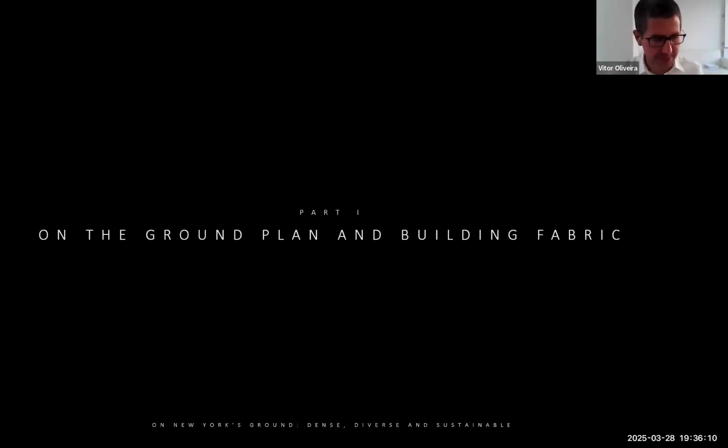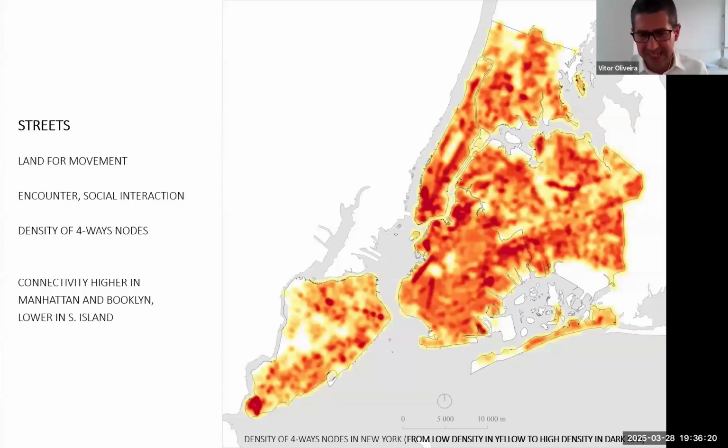So the first step in our analysis is addressing both the ground plan and the building fabric. If we look at the city or at the settlement in a structural way, I would say that the most basic division in terms of land is between land for movement and land for occupation.